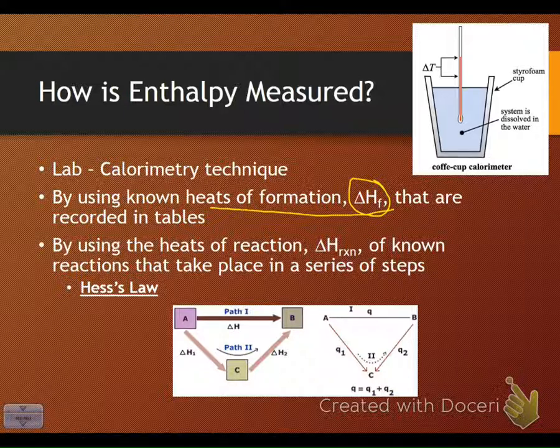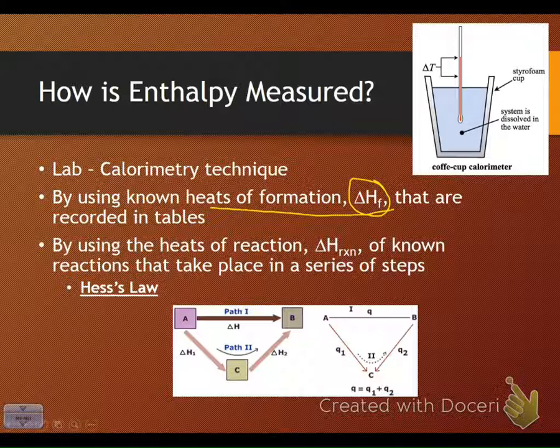But let's just say, for example, we're going to do a lab on the enthalpy change for burning magnesium. Well, that's a very difficult reaction to measure temperature changes, because you have a solid and you have a gas, and putting a thermometer on a burning piece of metal is not very efficient.